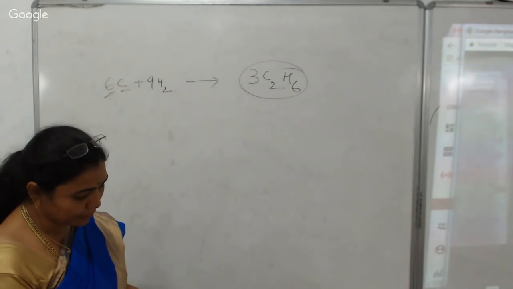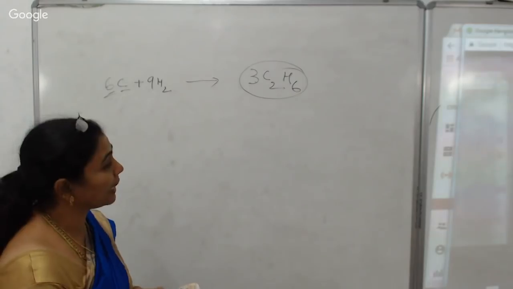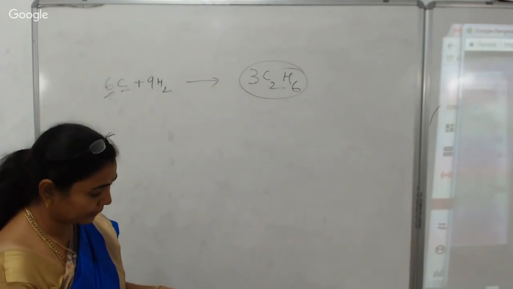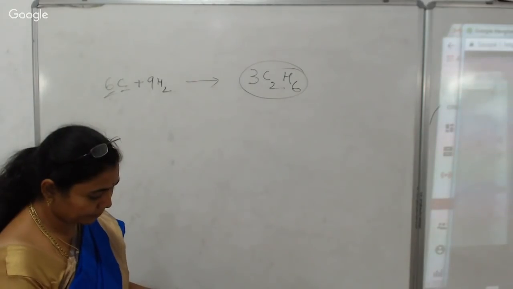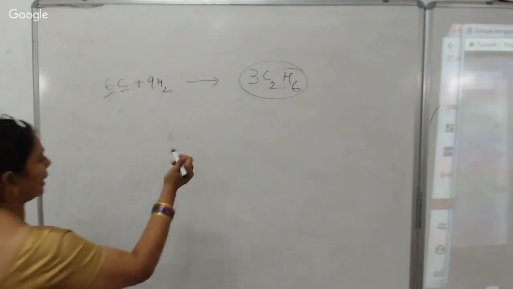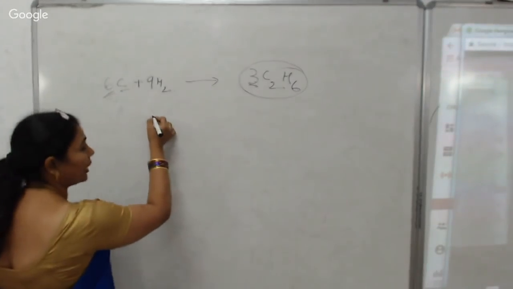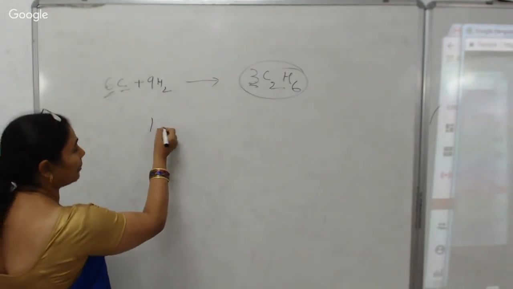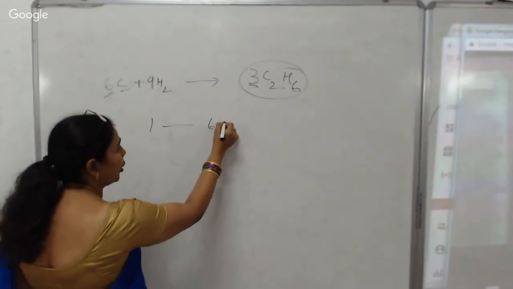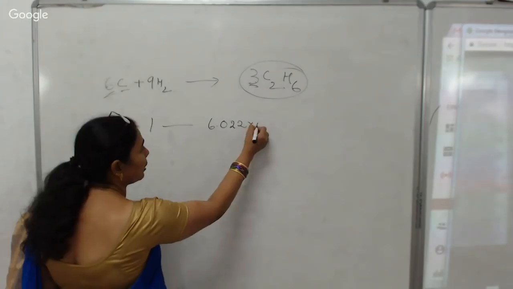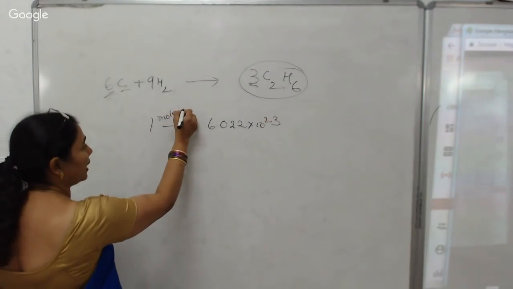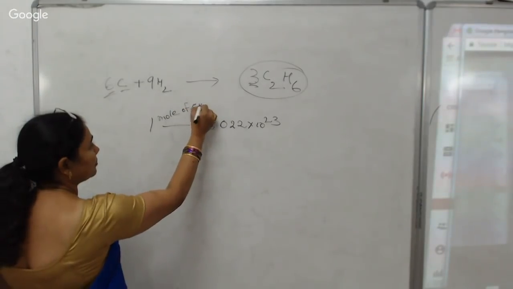Yeah, next one, number of molecules of ethane. Generally we will write it as 3 molecules, but you have to take it even in Avogadro number. So it is nothing but 3 into Avogadro number. 1 molecule is nothing but 1 Avogadro number, right? 6.022 into 10 to the power of 23 for 1 molecule of ethane.